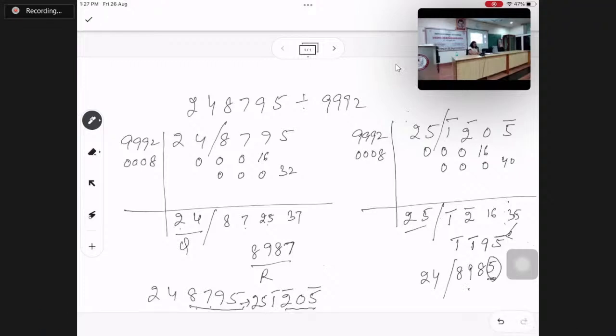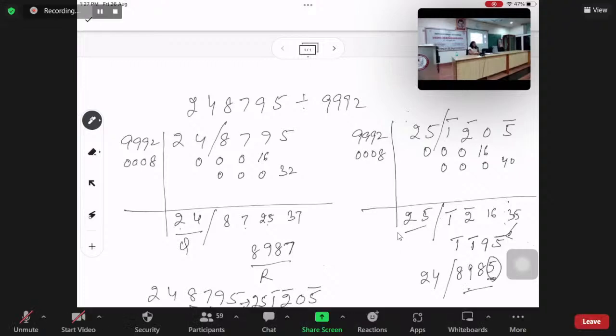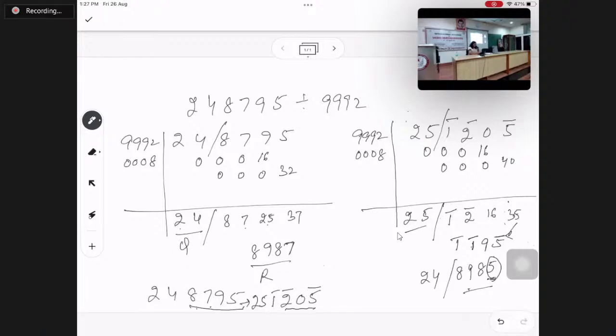Except this 7, we are getting the same. Let's not 95. We have done correctly. We need to check the answer. Let us try with another, then we can verify.